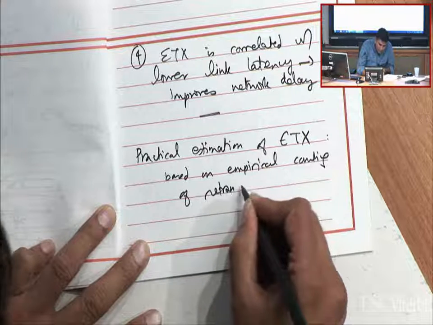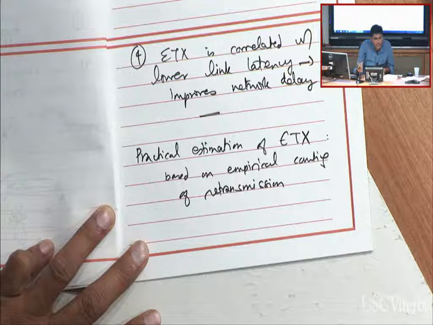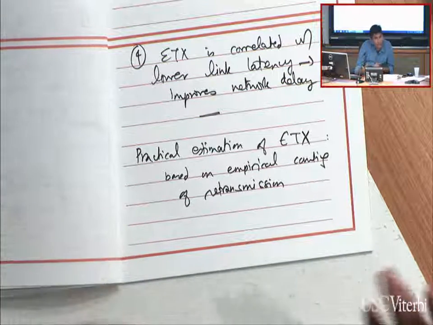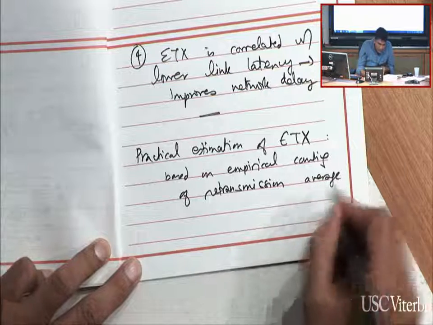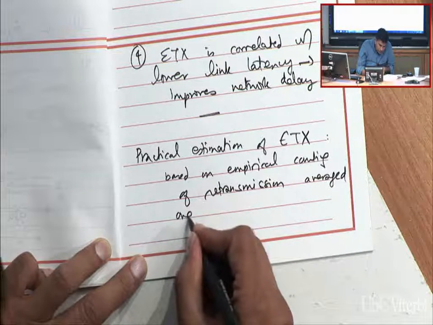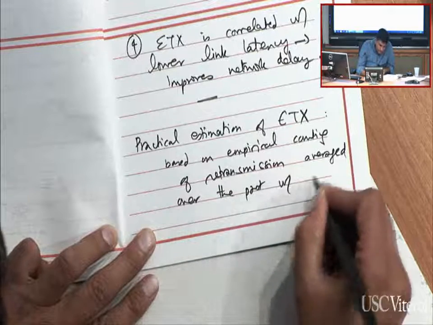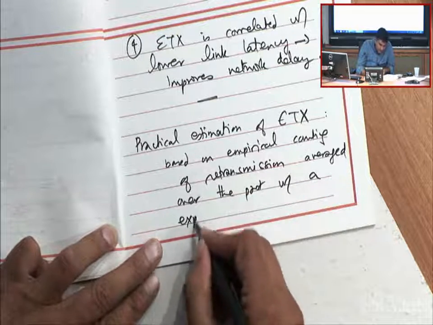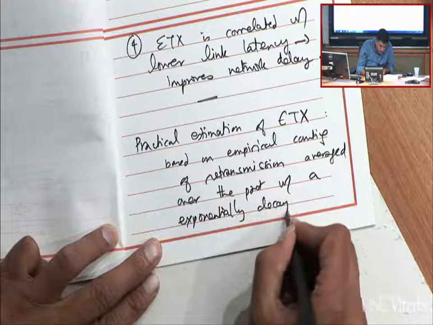So you just simply count. Every time you have to send a packet, you count how long it took you to send the packet, how many times you had to retransmit it. But also you want to average over the past with what's called an exponential moving average, with an exponentially decaying weight.